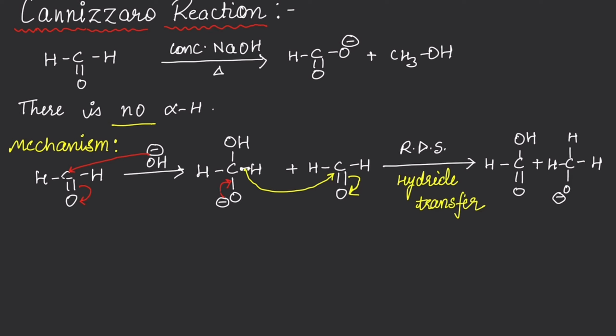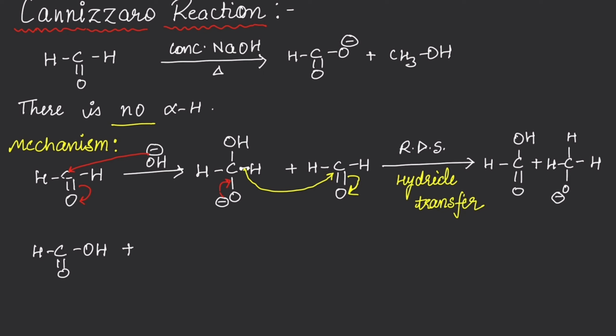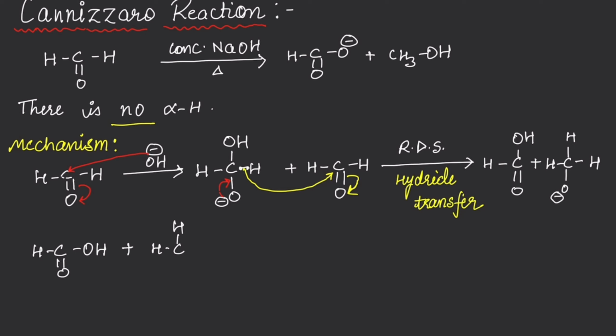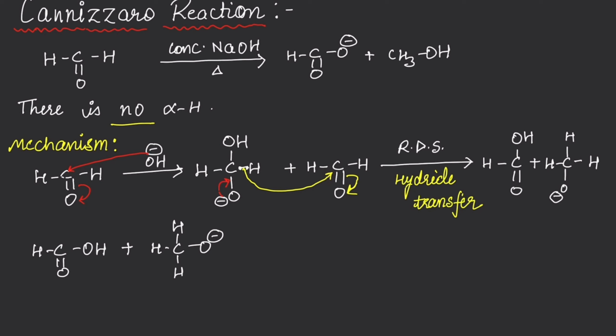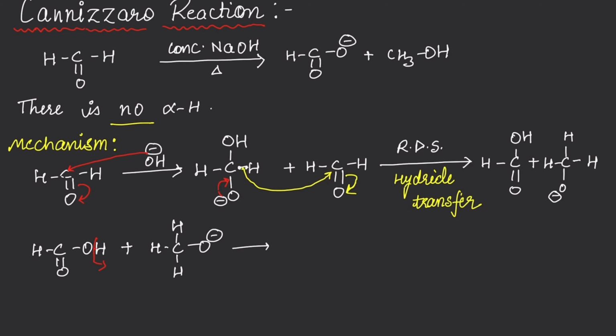Then after hydride transfer, which is the RDS step, this formic acid reacts with this alkoxide. I am writing once again for this step: it is CH3O negative, and this hydrogen atom once again attacks this oxygen and forms the salt of an acid, and the other product looks like CH3OH, where this H plus attacks this more electronegative oxygen atom.